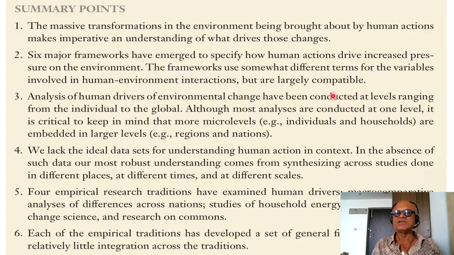The frameworks use somewhat different terms for the variables involved in human-environment interactions, but are largely compatible, as we saw with some schematics. Analyses of human drivers of environmental change have been conducted at levels ranging from individual to the global. Although most analyses are conducted at one level, it is critical to keep in mind that more micro levels, i.e. individuals and households, are embedded in larger levels, i.e. regions and nations. We lack the ideal data sets for understanding human action in this context.